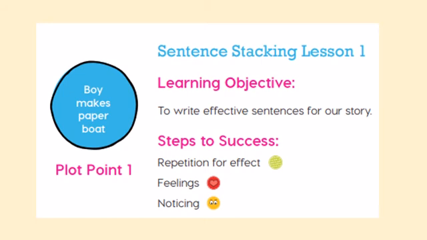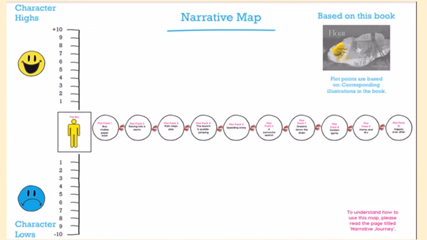So, learning objective. Today we're going to write effective sentences for our story. And our steps to success are repetition for effect, feelings, and noticing. Here is our narrative map.